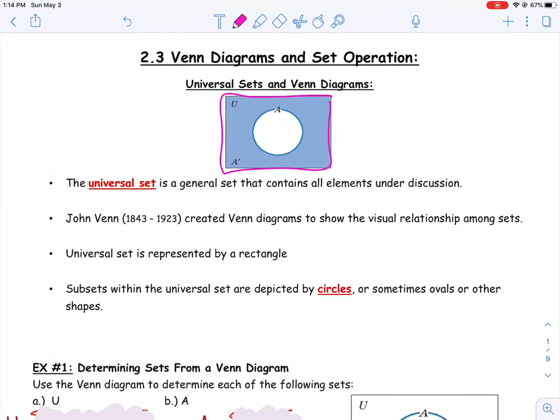So the universal set's shape is a rectangle, and then inside we might have different little circles that are subsets of our universal set. Sometimes those are ovals or other shapes, but typically we use circles to represent subsets.